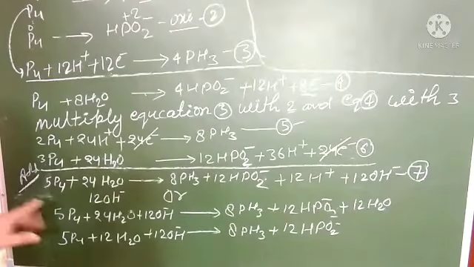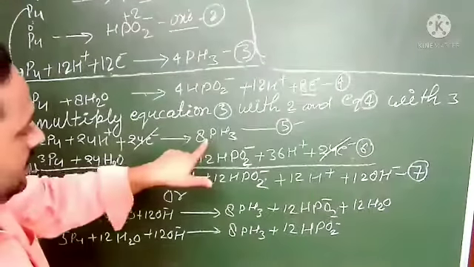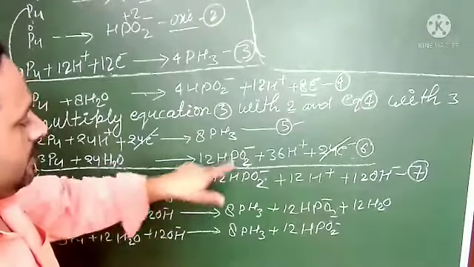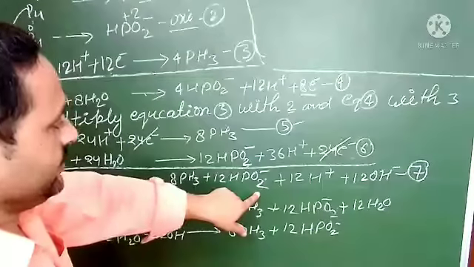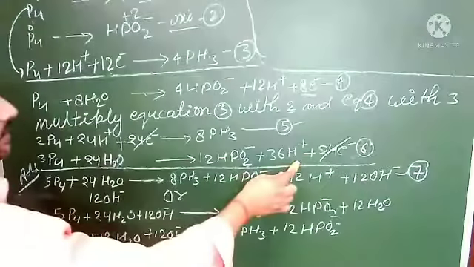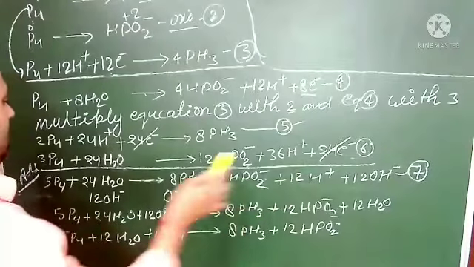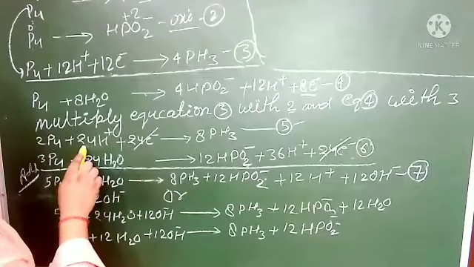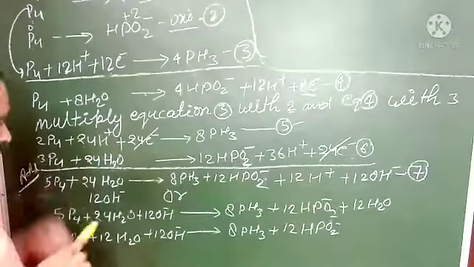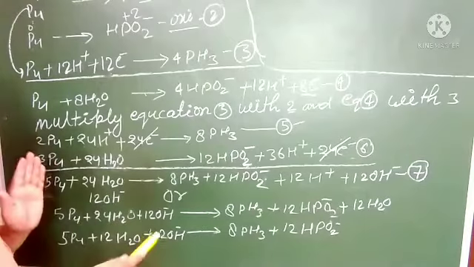And next if you see here 24 we wrote. What is remaining there? 8 PS3 and 12 HPO2. And next we see here that side 36 electrons are there and this side 24. So what do we have to do? We have to solve it.